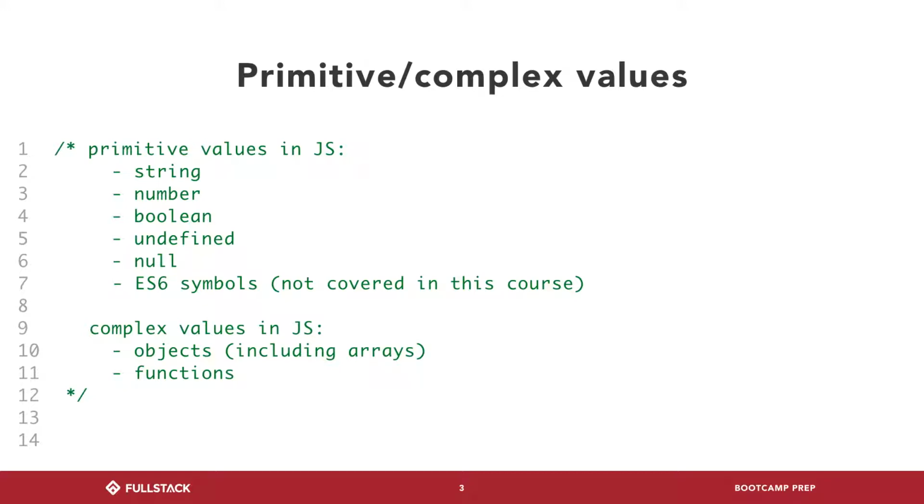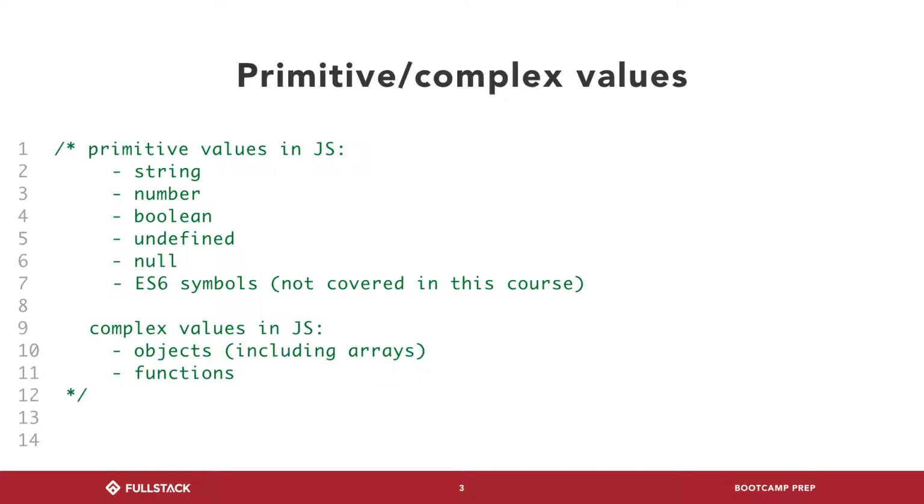We contrast that with things that we call complex values. These are objects and arrays, and also functions, but let's just talk about objects and arrays for now. With an object and an array, I can change that value. If I have an array of 2 things, I can add a third thing to the array, and at that point, I'm not creating a new array. I'm just adding something to my existing array.